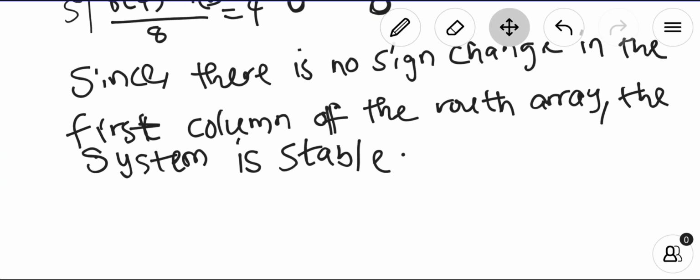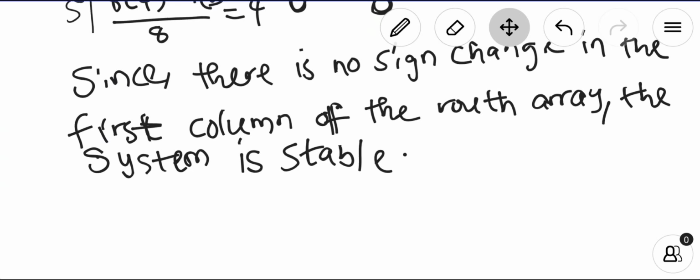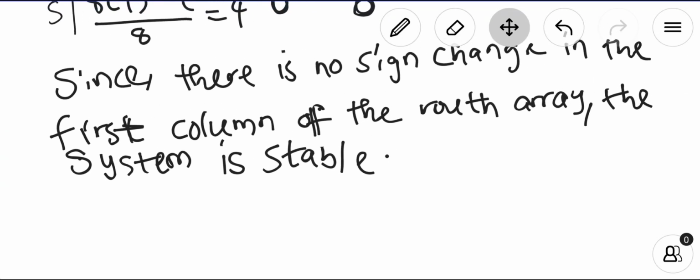So these are the only two conditions we look out for. We check if all the coefficients of S are present and positive, and check if, after forming the array, in the first column there is any negative sign. So this also implies, because from the question it says state the number of roots in the right half S plane, there is no root in the right half S plane.